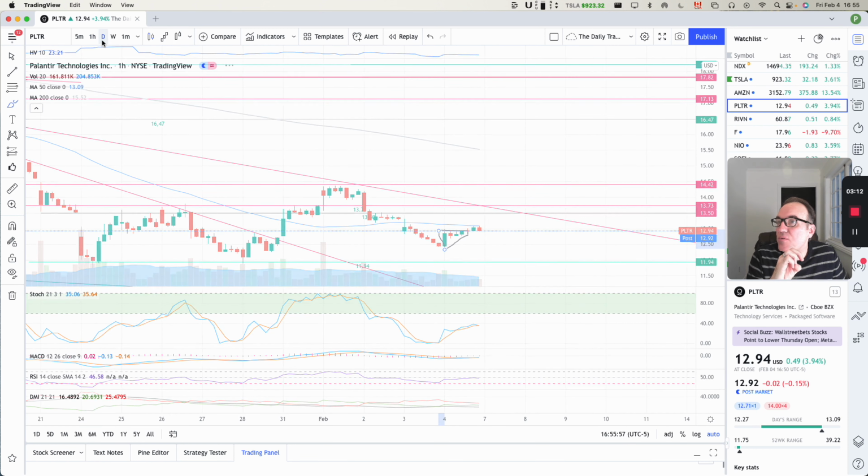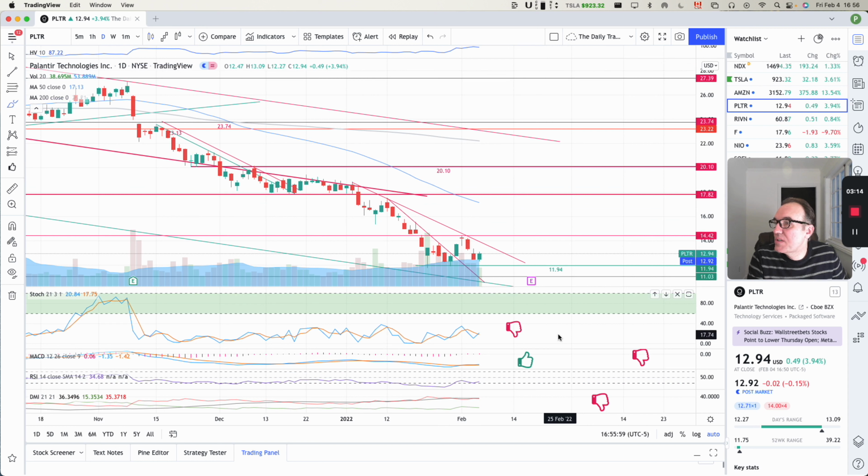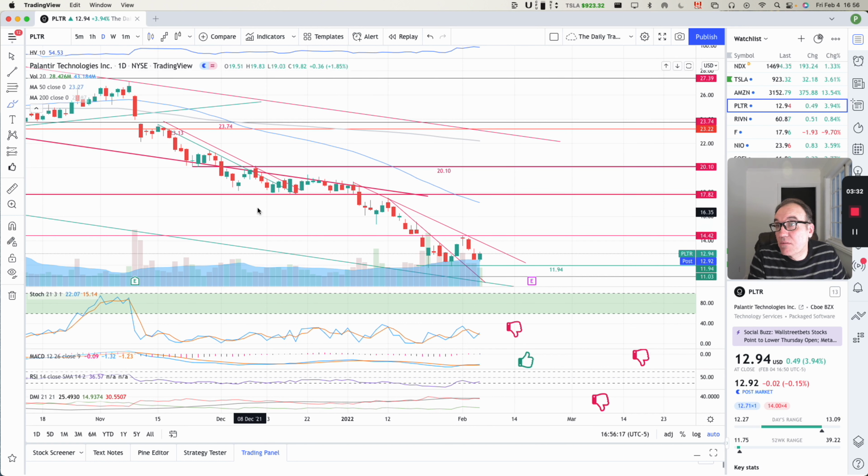Let's go back to the daily chart. On the daily chart, we still have MACD crossed over bullish. So this is one of the earliest indicators that is telling us when there's a reversing trend. But MACD, we should not only rely on MACD, because MACD told us right here.